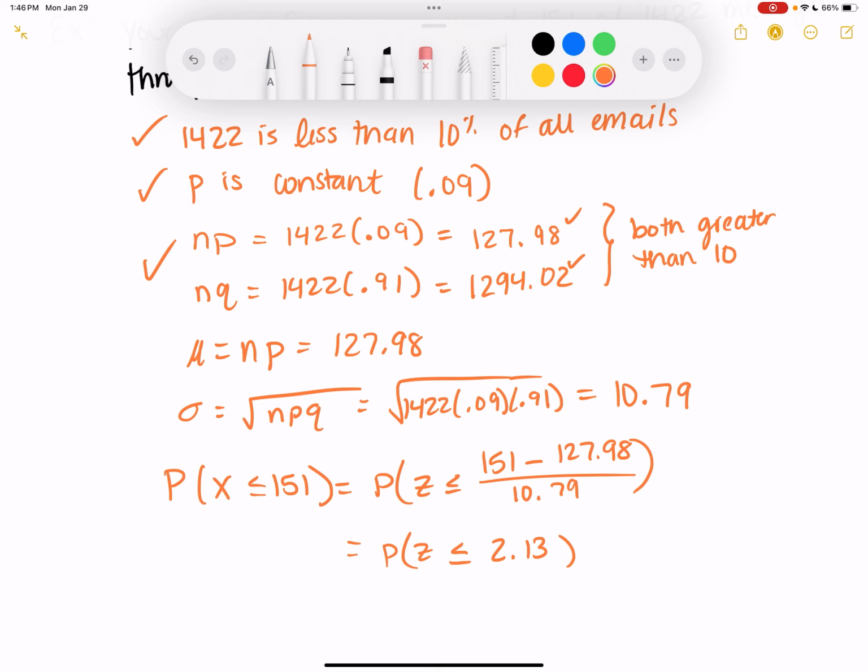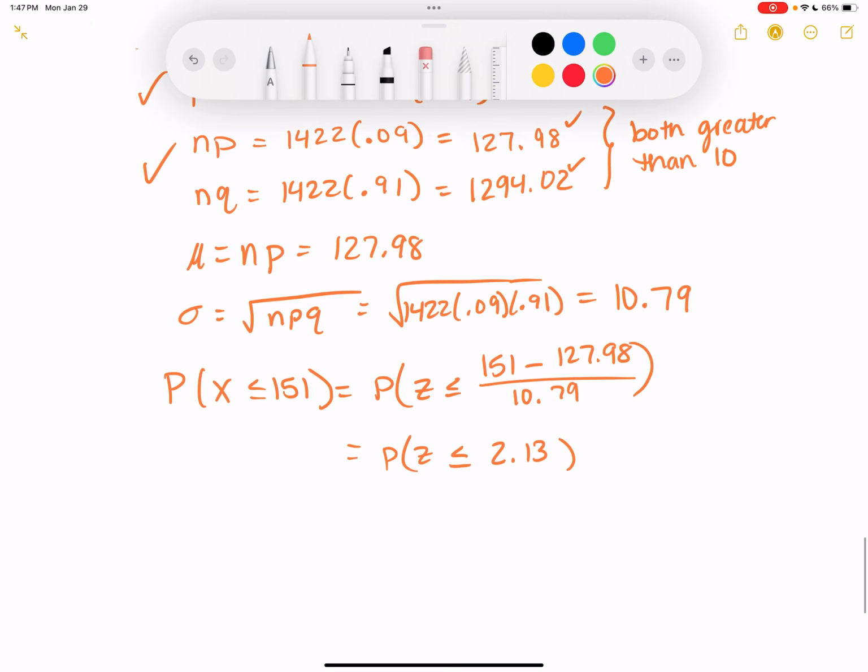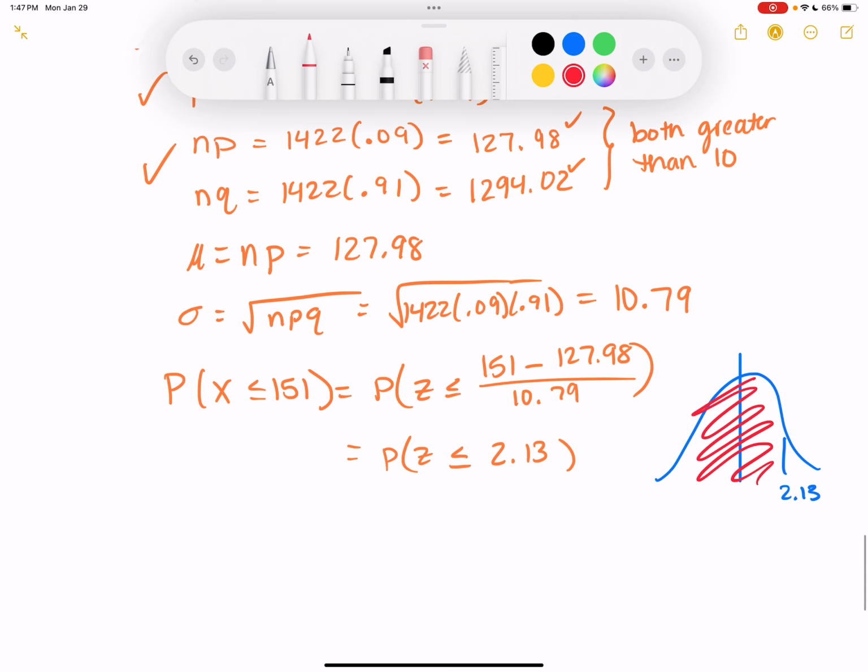So we're going to go back to our handy dandy table. Now, I want this side of it. On my table, I'm going to 2.1 and then 0.03.